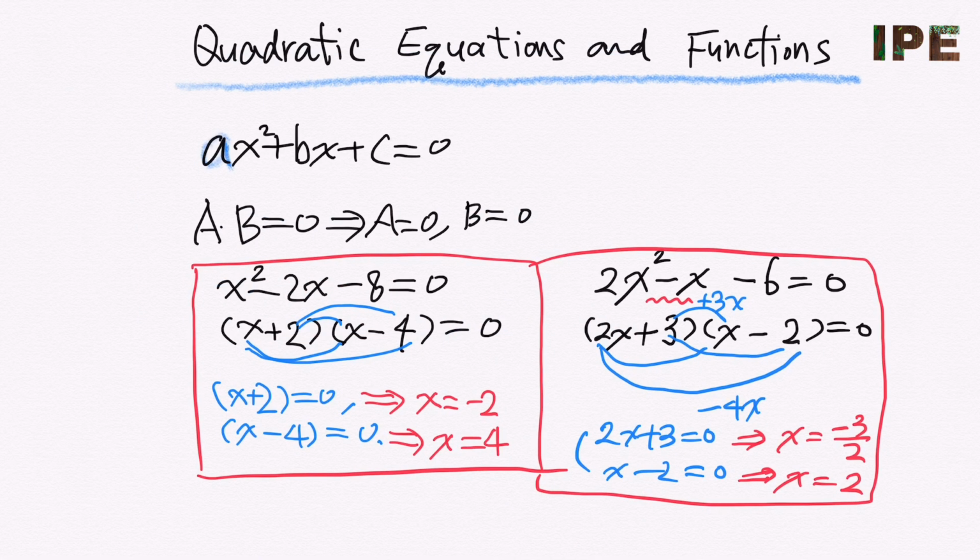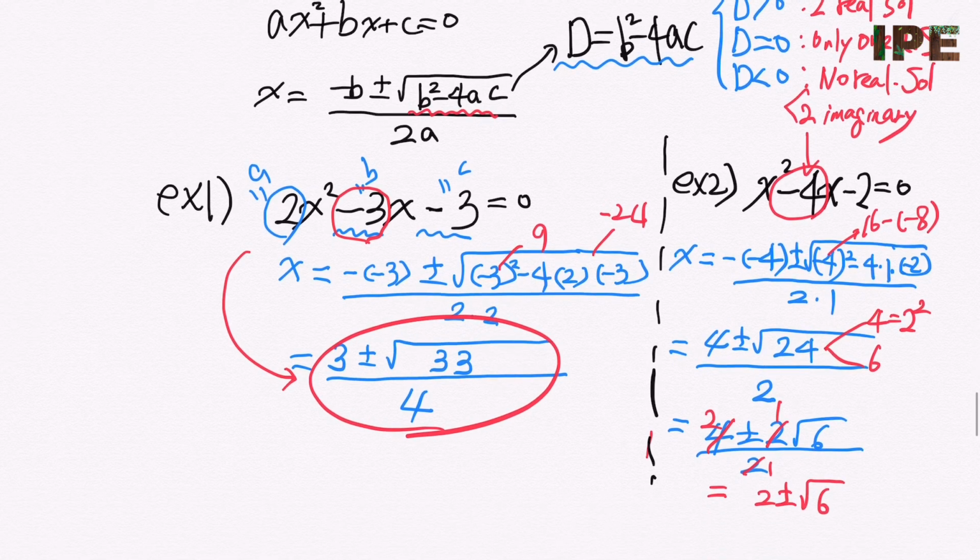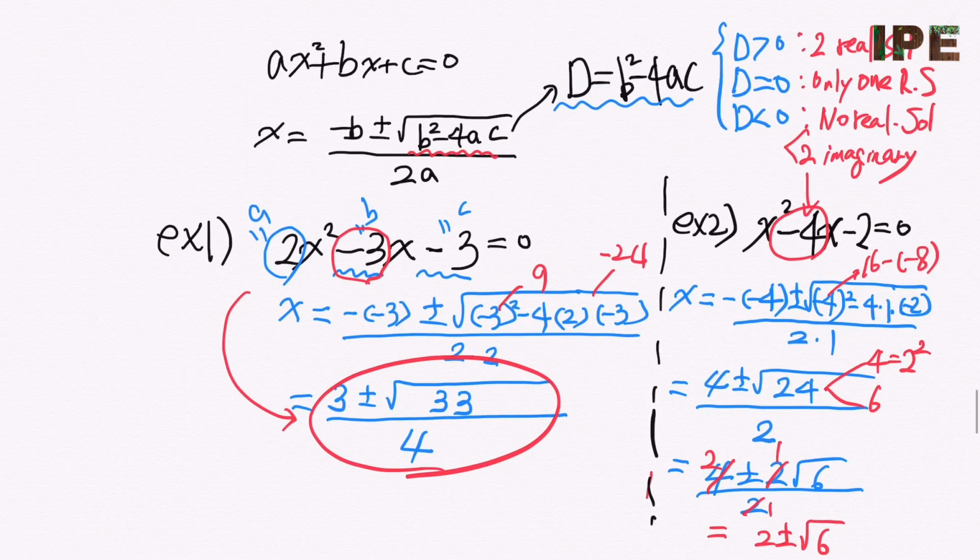You learned quadratic equations and functions, right? ax squared plus bx plus c equals 0 form. Factoring or the quadratic formula you can use to solve a quadratic equation, and then the quadratic formula, right? You have to memorize that formula. If the discriminant is greater than 0, two real solutions. Discriminant b squared minus 4ac equal to 0, only one solution. b squared minus 4ac less than 0, imaginary solutions.